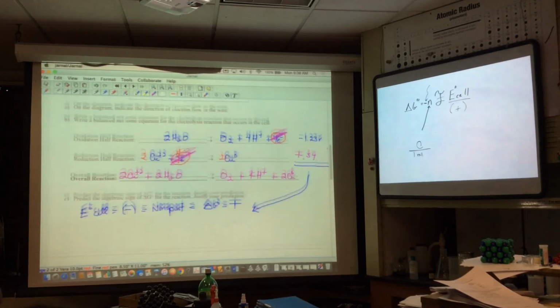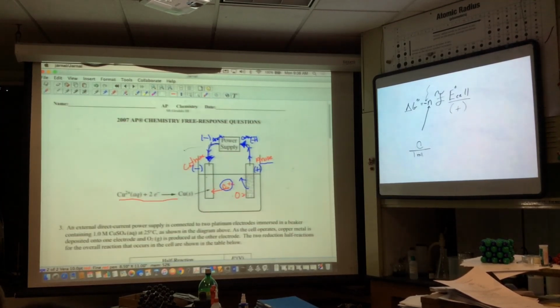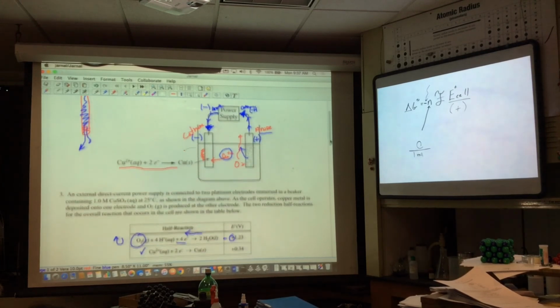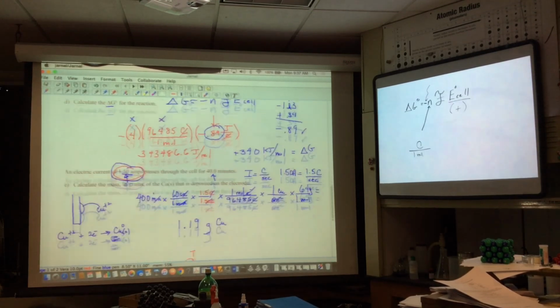Listen, we just figured out how much copper would produce. How much O2 gas? So what if I put a eudiometer tube, by water displacement, right? I filled up a tube of water, and I collected the bubbles. As the bubbles go up, it pushes the water out. And of course, let's assume no water vapor, so it's dry volume.